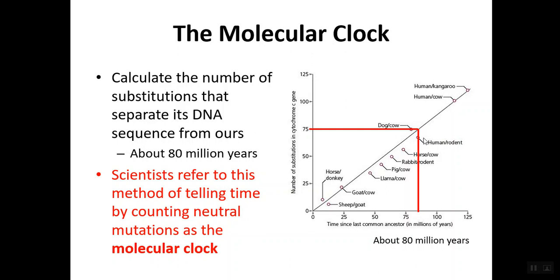So this would be, for instance, the time of split of humans and rodents, or dog and cow. They're kind of similar. So we can build up our graph, and then, from counting the number of neutral mutations or substitutions in particular molecules, we can infer the time of split of two groups.